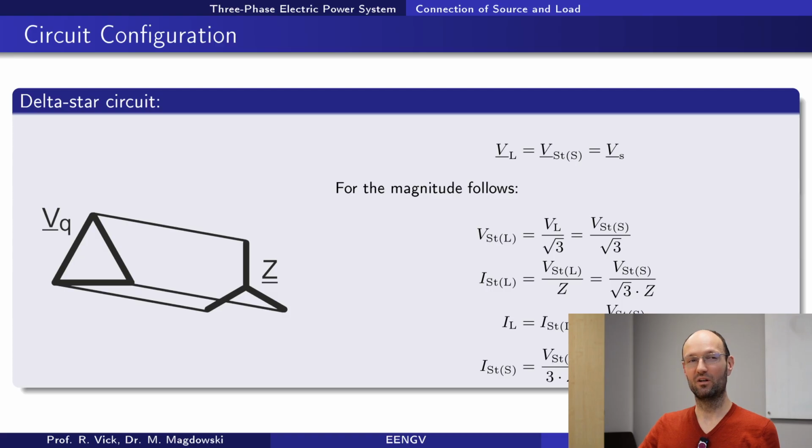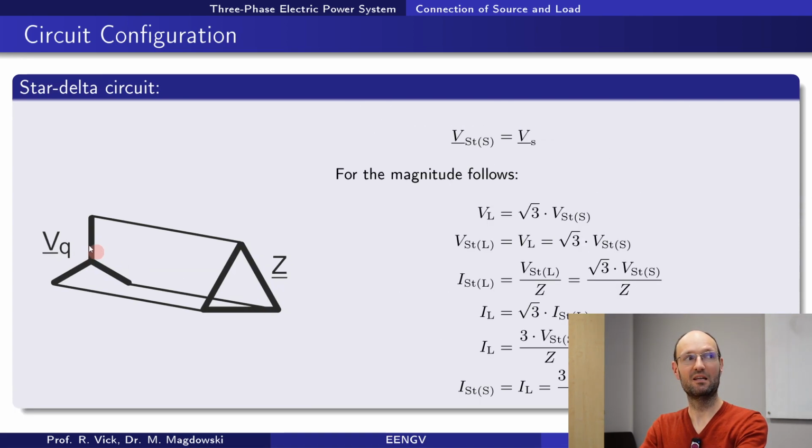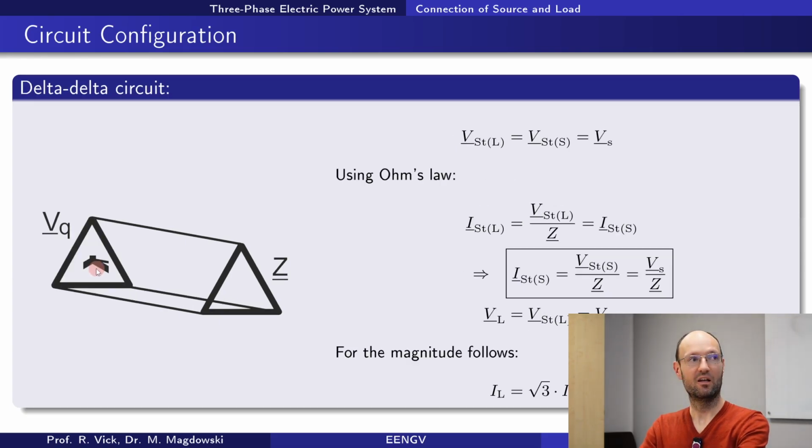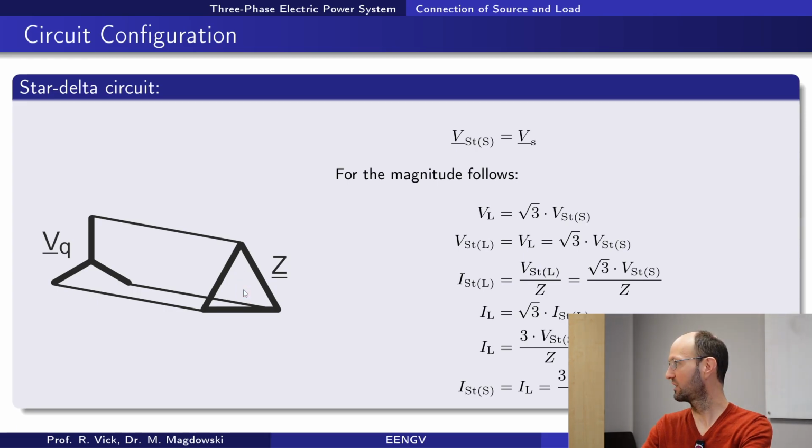And so now if you imagine that we can, for example, have the very same source, and one time connect a load like this, and one time connect a load like this. So one time we get, in the load or on the lines, square root of 3 times more current.